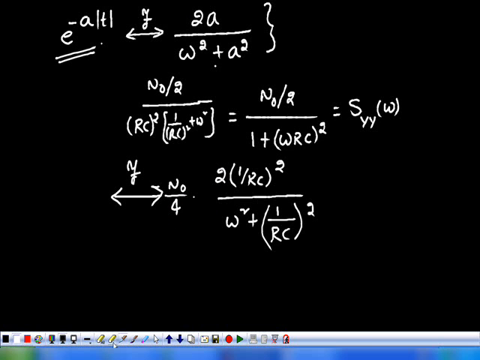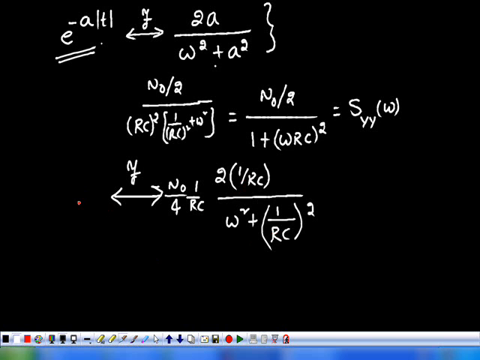So for that we do one thing. Is it right? So now we have 2a divided by omega square plus a square.